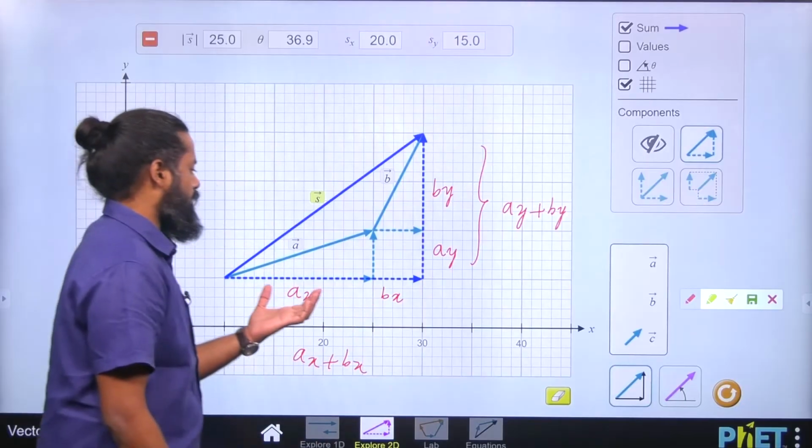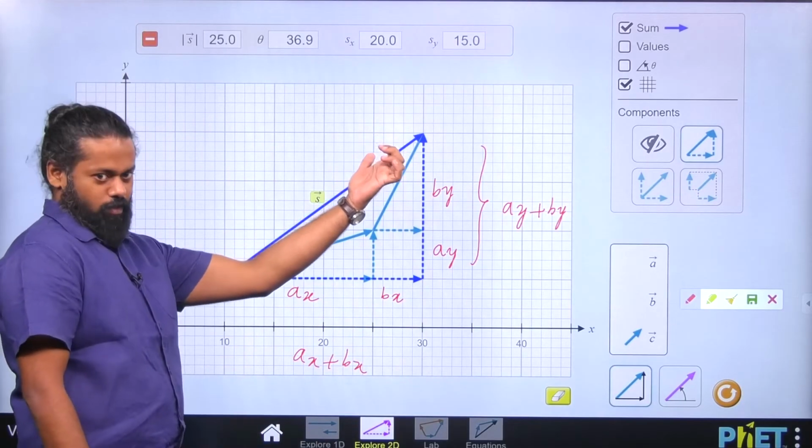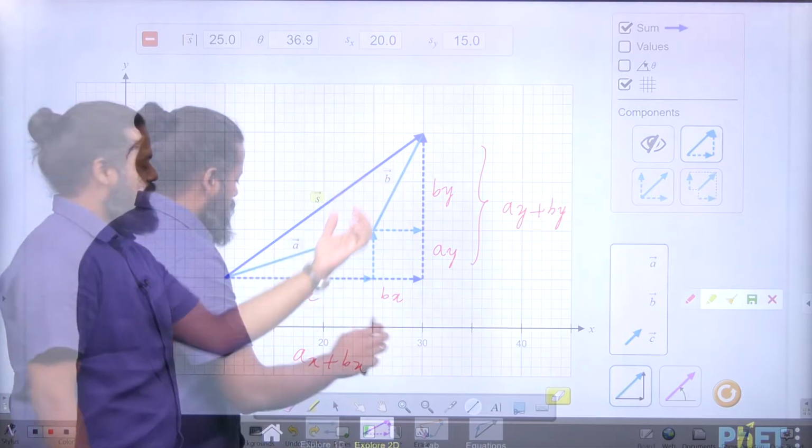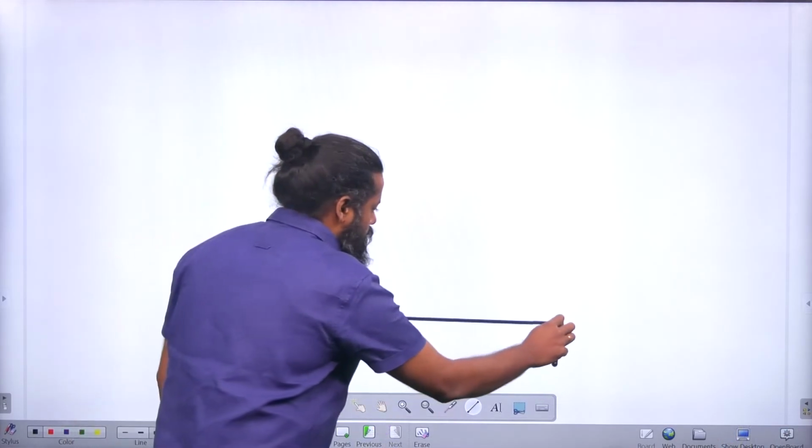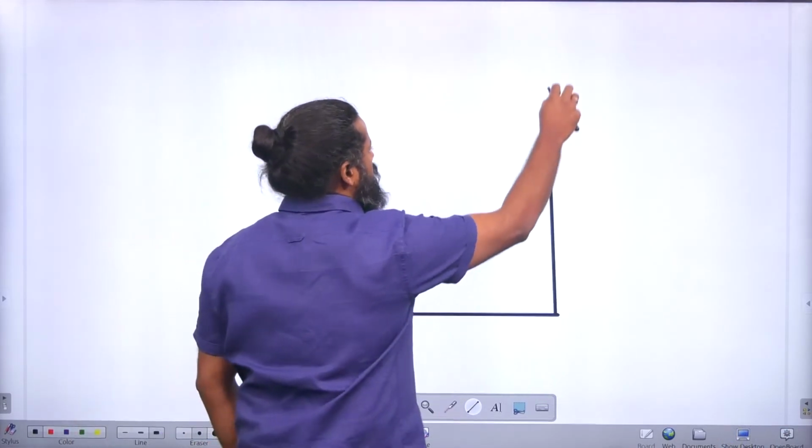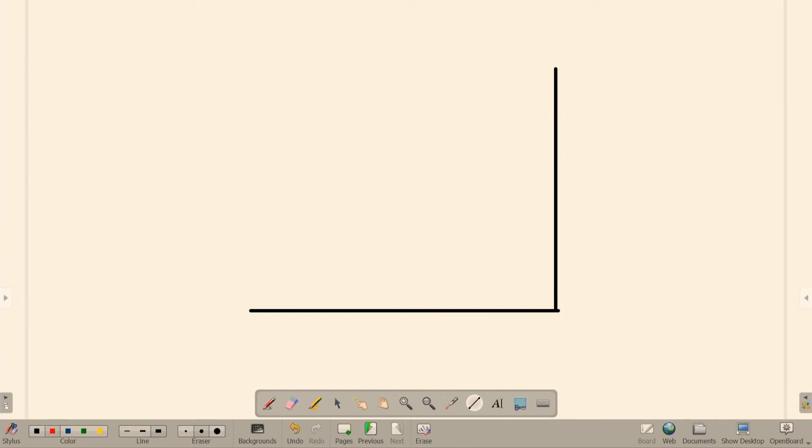Now, how much is the hypotenuse? The hypotenuse of the triangle we can find out using Pythagoras theorem. Look here. Up to here, some distance is there, AX and BX. This is AX, this is BX, and this is AY, and this is BY.